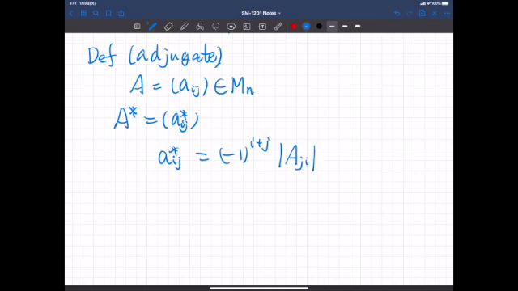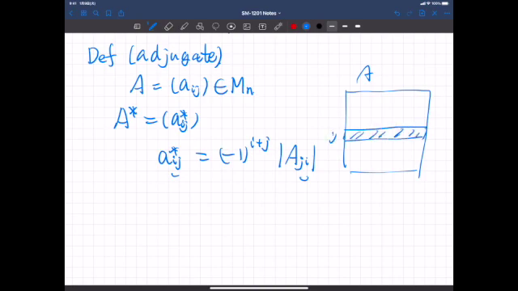So instead of A_ij, we use A_ji. So these indices are swapped. As usual, this A_ji means from matrix A, we remove the jth row and the ith column. Then the remaining part comprises this matrix A_ji.